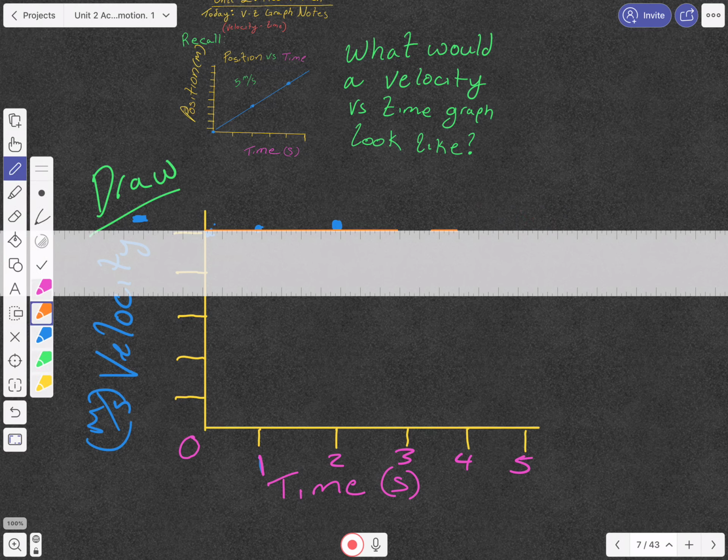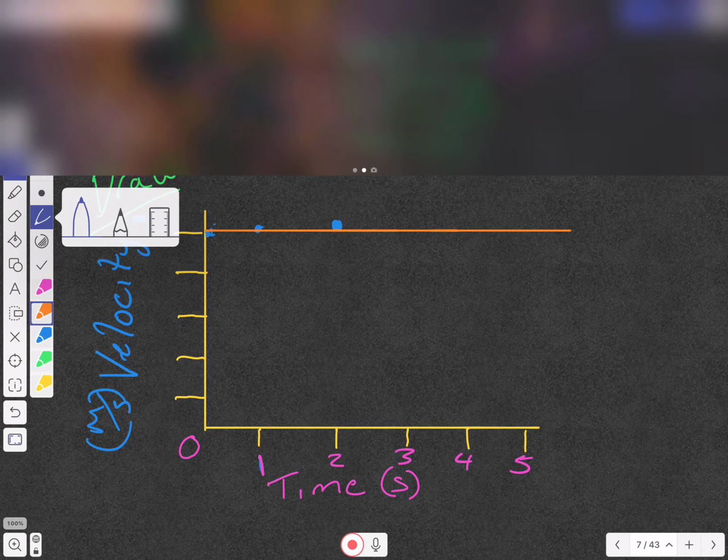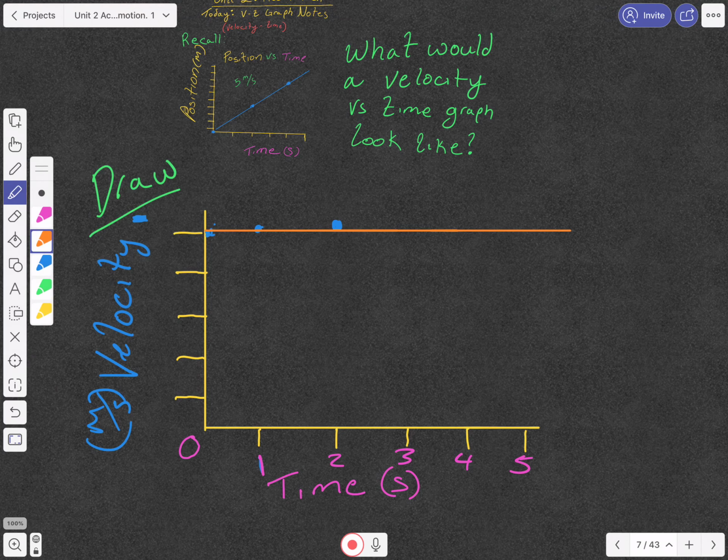So my screen seems to have frozen up. Let's see if that gets it back. There we go. So then at 3 seconds it was here. 4 seconds it was here, and 5 seconds it was here.